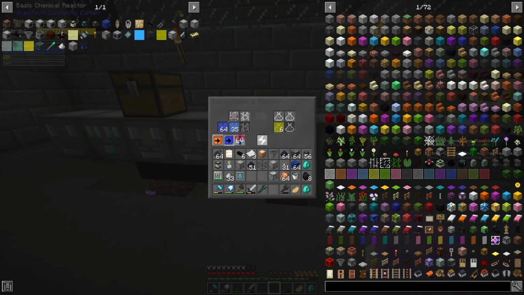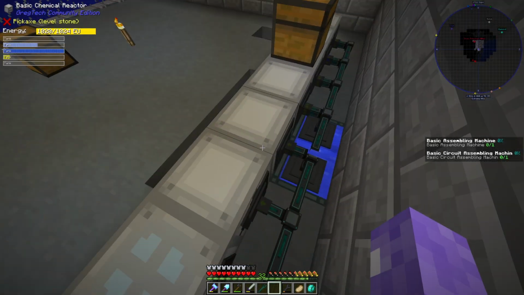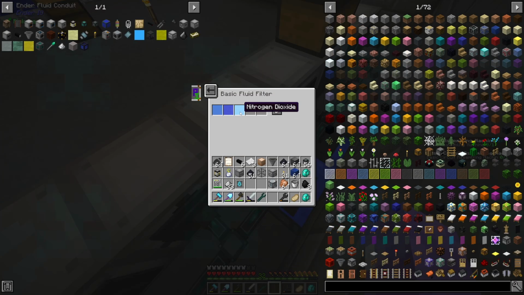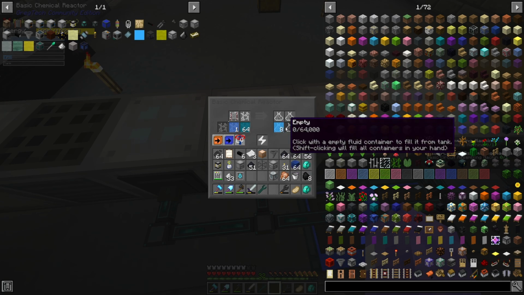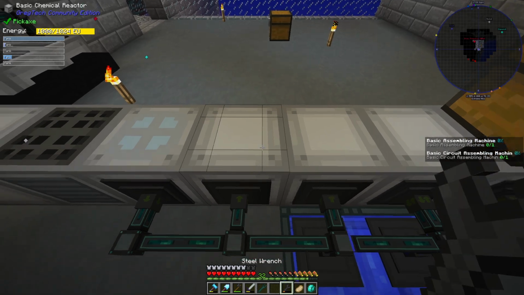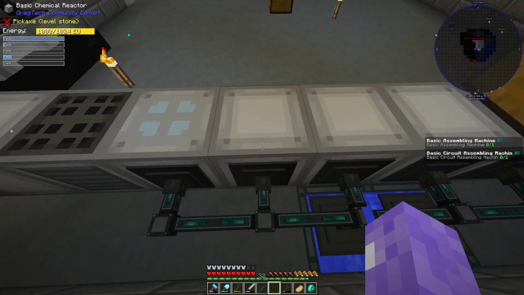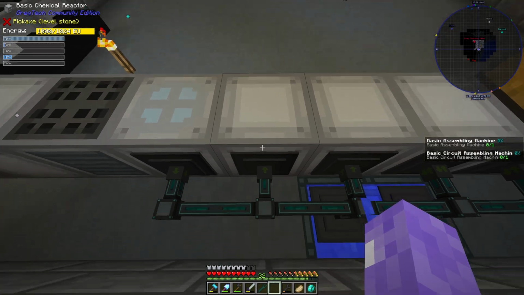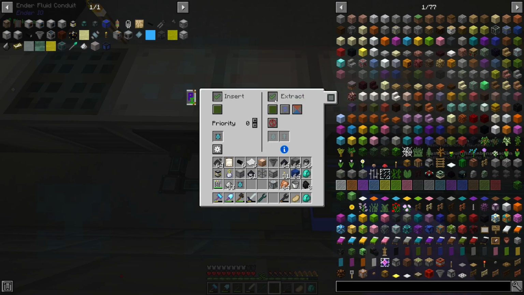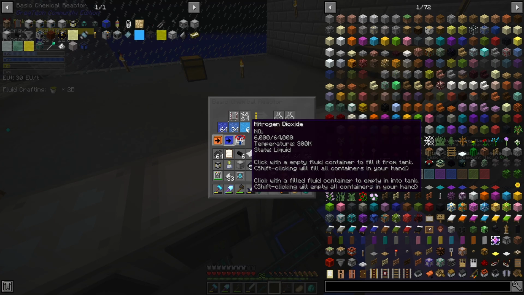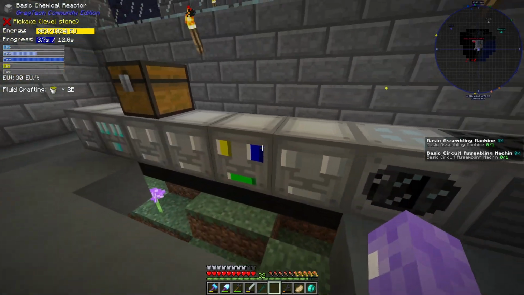This is not getting the nitrogen dioxide, for whatever reason. That's because that's output faced. We just have an input filter on that. We need this to extract as well. There we go. So now the nitrogen dioxide is going back in there.